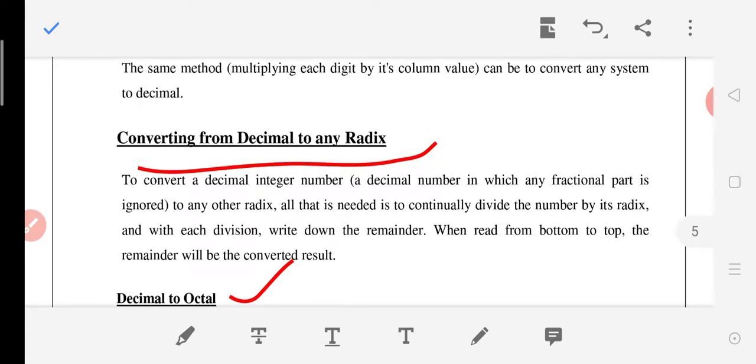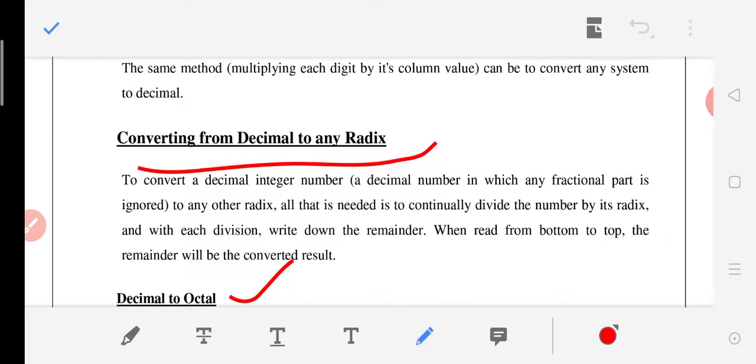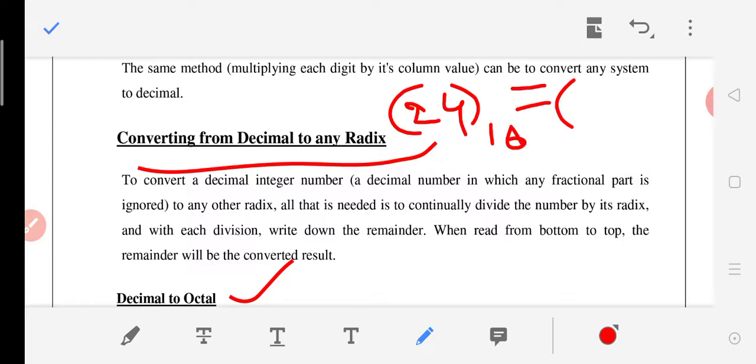Sometimes the examiner tries to confuse us, so they ask questions like this: what is the base 4 equivalent of decimal 24?